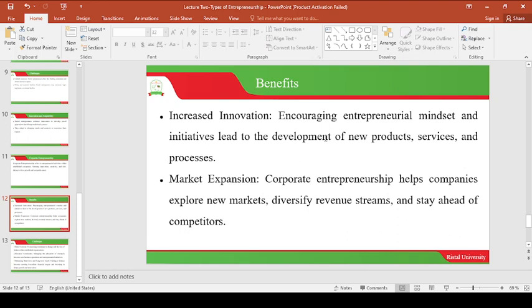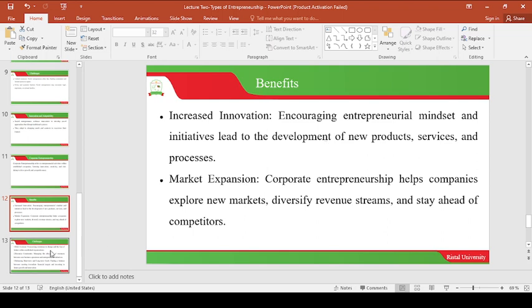By doing that, we are going to be ahead of our competitors who are offering maybe only 2 or 3 programs. For example, if we are having a program which is not offered at other universities, what do you expect? Students will be joining us, and by the time they join us, it means we are going to be expanding as an institution. So these are some of the benefits of corporate entrepreneurship.